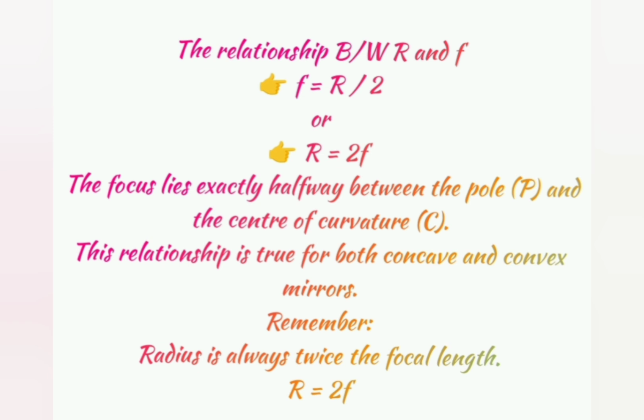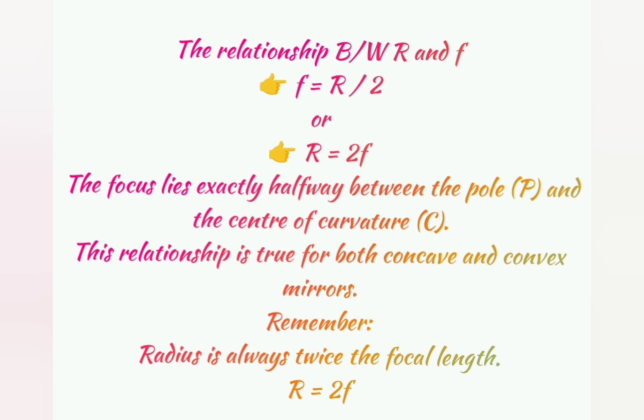This relationship is true for both concave and convex mirrors. From this formula, we can write R is equal to 2 into F. The radius is always twice the focal length. If you know the radius of curvature, you can find the focal length easily, or if you know the focal length, you can find the radius of curvature.